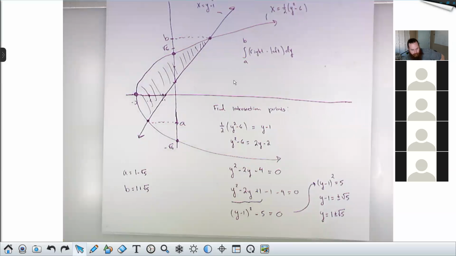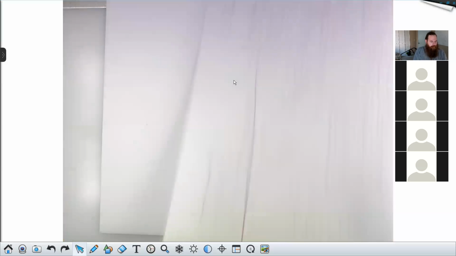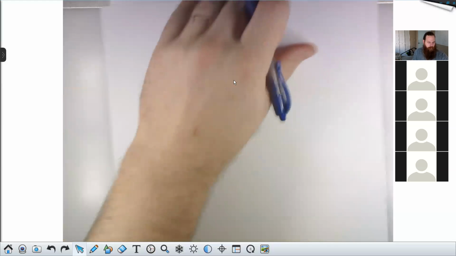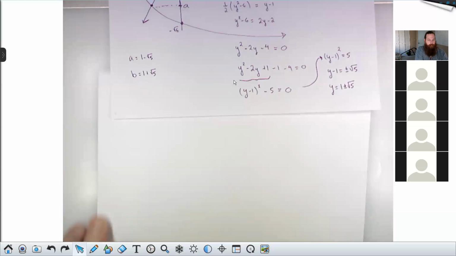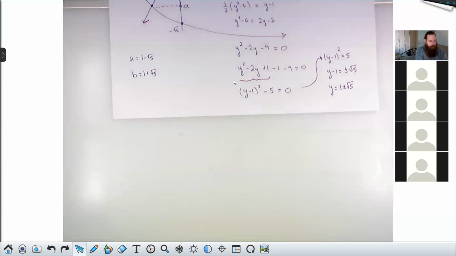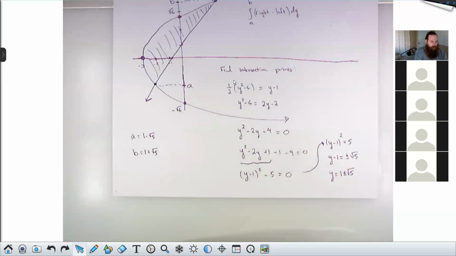So then, the integral we need finds this area.